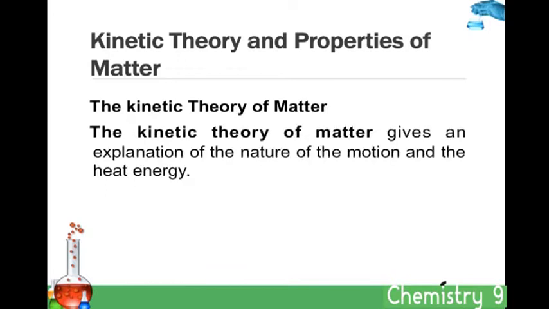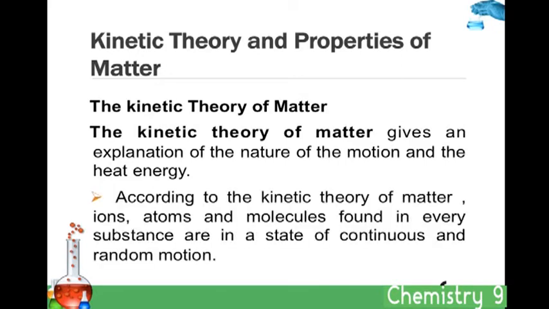The kinetic theory of matter gives an explanation of the nature of the motion and heat energy. According to the kinetic theory of matter, ions, atoms, and molecules found in every substance are in a state of continuous and random motion.